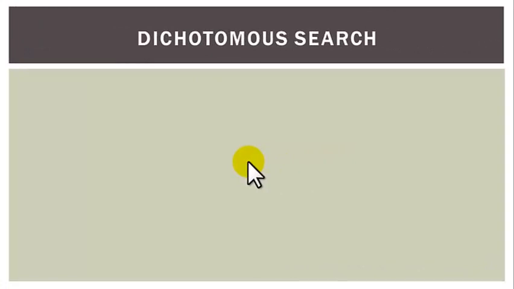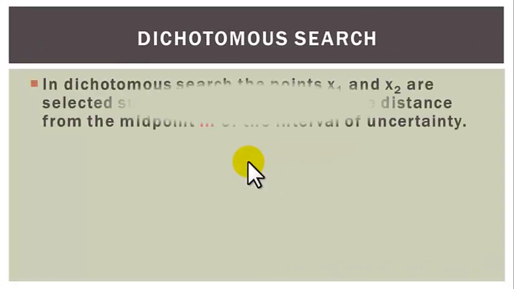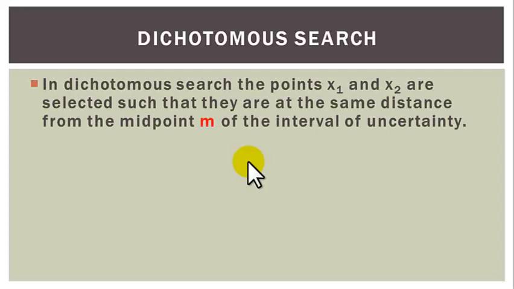Dichotomous search technique. In a dichotomous search technique, the points x1 and x2 are selected such that they are at the same distance from the midpoint M of the interval of uncertainty.